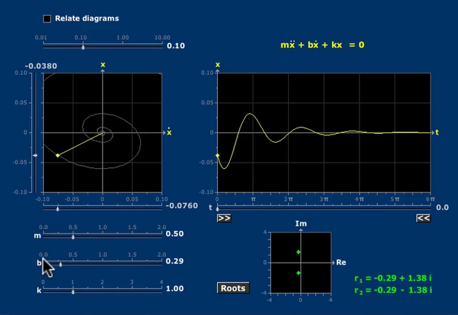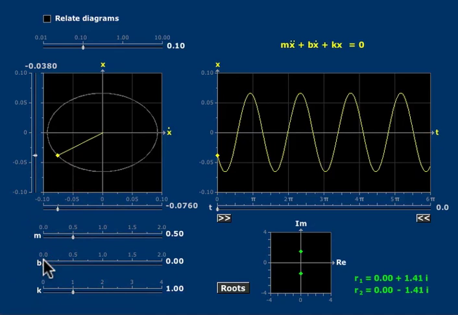I'm going to start with b equal to 0. In this case, there's no damping. The solutions are sinusoidal. The roots of the characteristic polynomial are purely imaginary, and the trajectory in phase space is an ellipse.